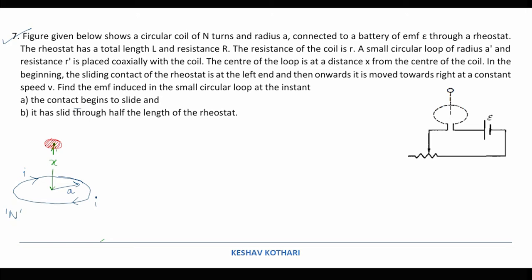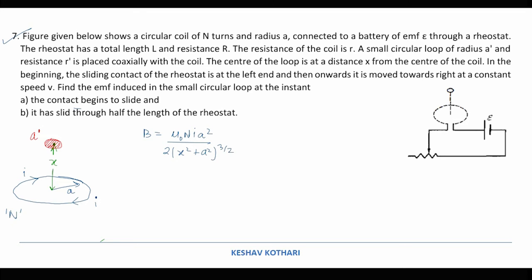So this smaller coil is having a radius a dash. So the magnetic field at a distance x can be written in this way: B is equal to mu naught N i a square upon twice of (x square plus a square) to the power 3 by 2.